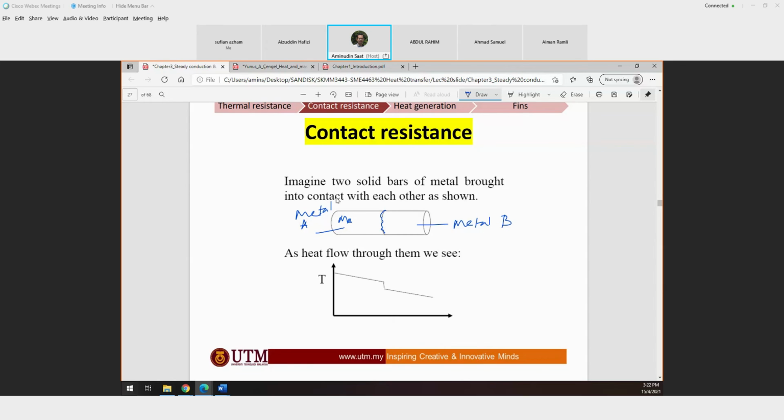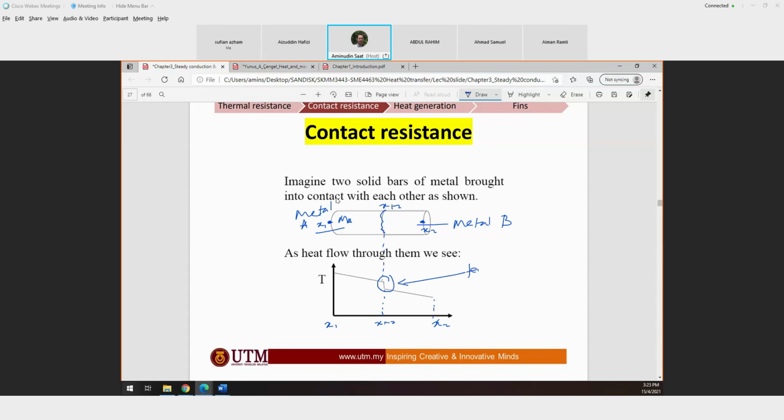Meaning that if you want to plot the temperature variation from left to right, let's say from x1 to x2, what you find is there will be some temperature drop at the contact between the metals. Here, at x1,2, there will be a temperature drop.